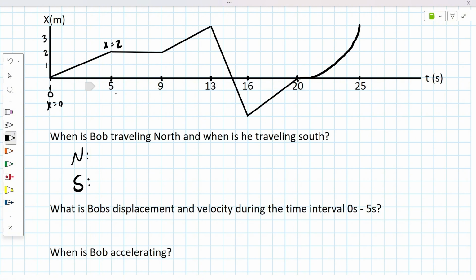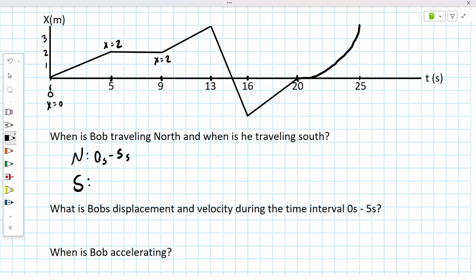So from 0 seconds to 5 seconds, Bob is traveling north. Now let's look at this next chunk from 5 to 9. At 5 he's at position 2, and at 9 he's at x position 2 as well. During this whole time his position is constant, so he's not traveling north or south here.